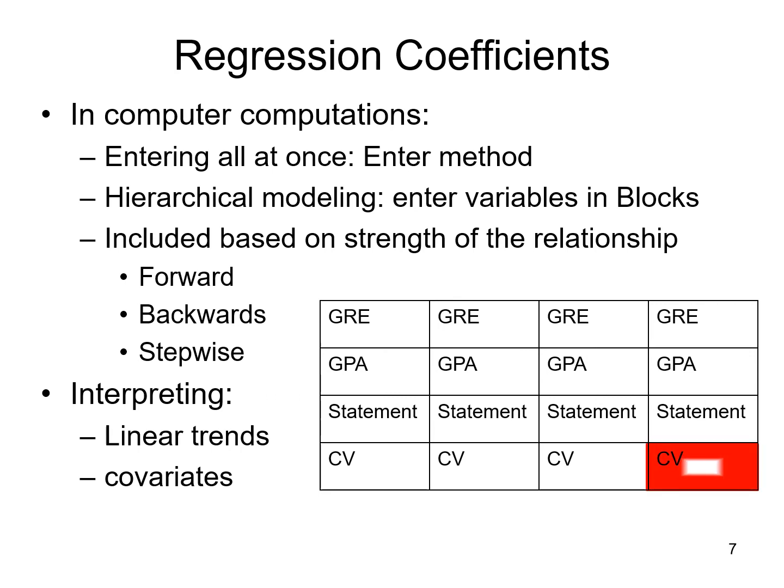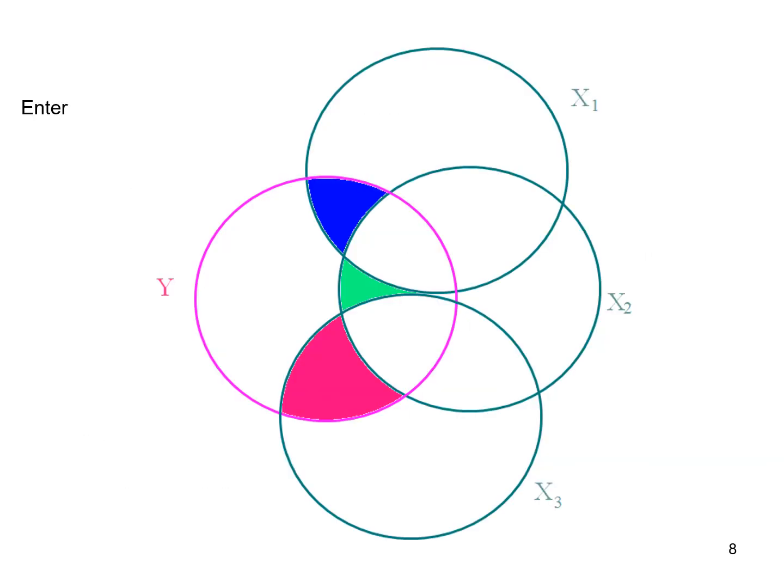If I use a hierarchical model, or this is backwards regression, I might find the CV isn't important. It's statement, GPA, and GRE that's important. So again, just remember that the methods we use to enter the data are going to look at things differently in how they apportion actual variance. And that's not even including nonlinear or covariate trends.